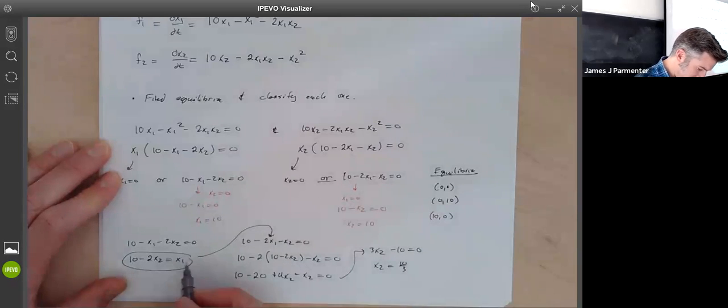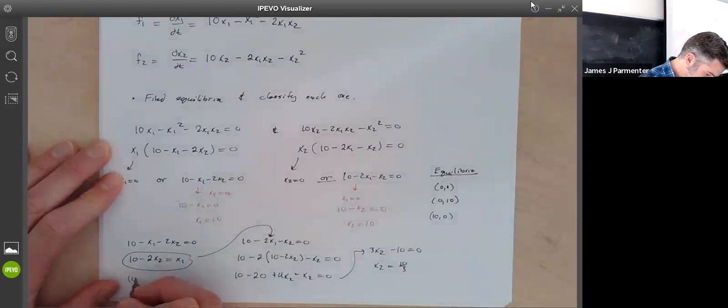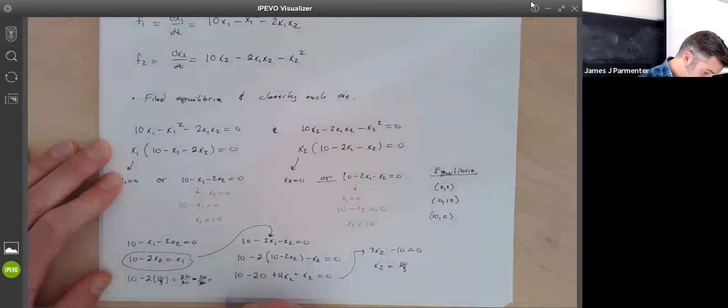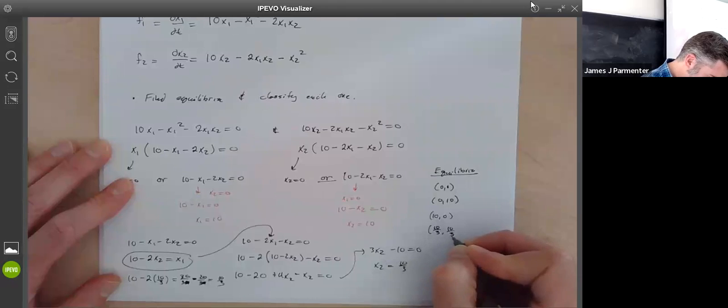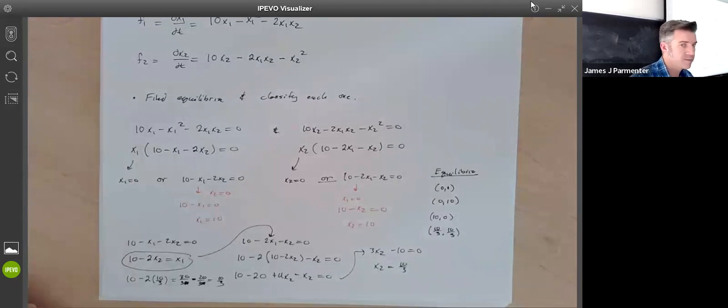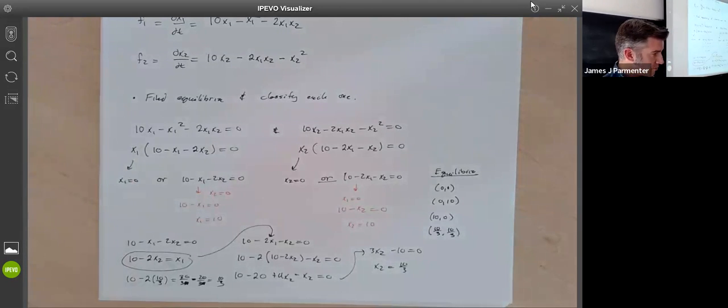If I plug that back in to find x1, x1 is 10 minus 2 times 10 thirds, which is 30 thirds minus 20 thirds, which is 10 thirds. So I get the point (10/3, 10/3). And these are our 4 equilibria.